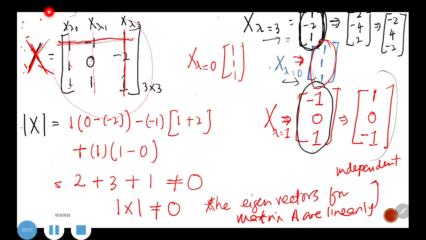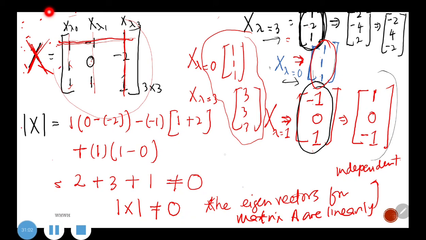And kalau kita dapat, for lambda equals to 3, dia punya vektor adalah 3, 3, 3. Ni we call this as linearly dependent. Sebabnya eigenvector for lambda equals to 3, which is 3, 3, 3 for example, adalah 3 kali eigenvector for lambda equals to 1. Nampak? Sebab, lambda equals to 0.